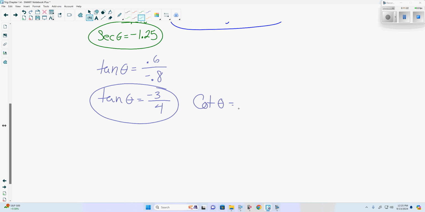Cotangent is the flip of the tangent. Questions on how we got all this? All right.